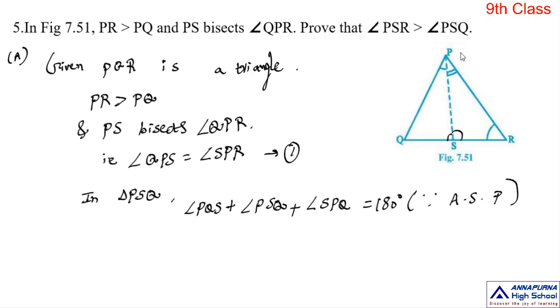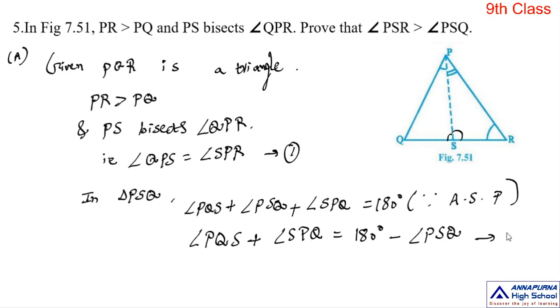Angle PQS plus angle PSQ plus angle SPQ is equal to 180 degrees. We transpose angle PSQ to the right hand side, so angle PQS plus angle SPQ is equal to 180 degrees minus angle PSQ. This is equation number 2.